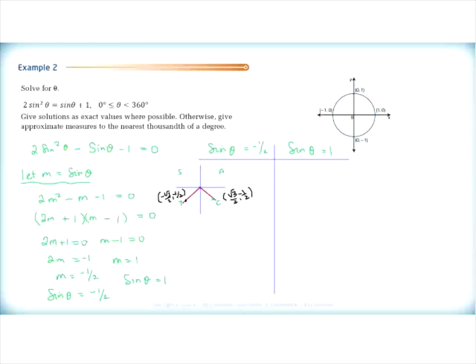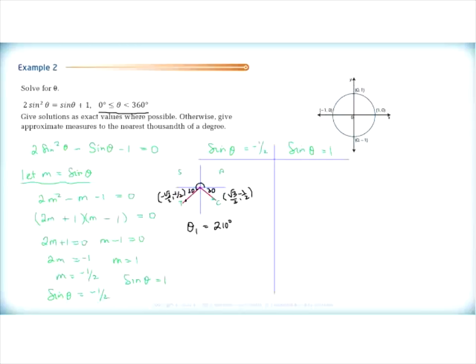Now the reference angle associated with that point, you should recognize is 30 degrees. And I'm looking for my answer in degrees this time. So my reference angle is 30. So my two values of theta between 0 and 360 are going to be theta 1, which you should recognize as 210, this angle right here.